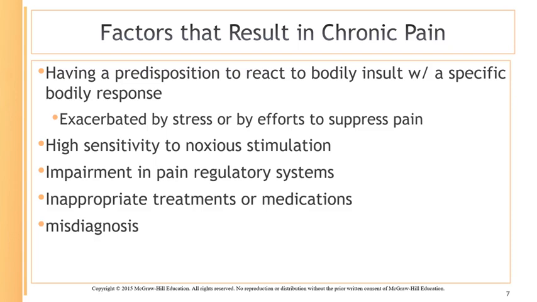But sometimes doctors make mistakes and they can misdiagnose a patient. And so chronic pain can be exacerbated by a misdiagnosis and by giving the wrong prescriptions of medications or inappropriate treatments. So all of these factors can result in the transition from acute pain to chronic pain.